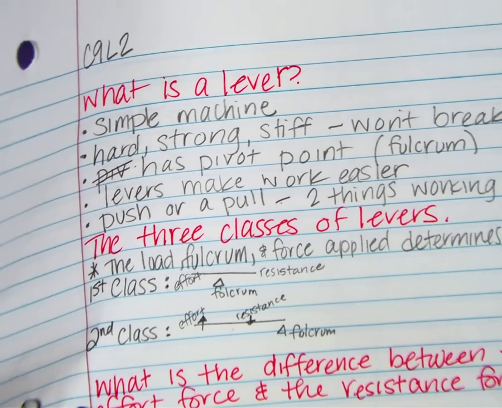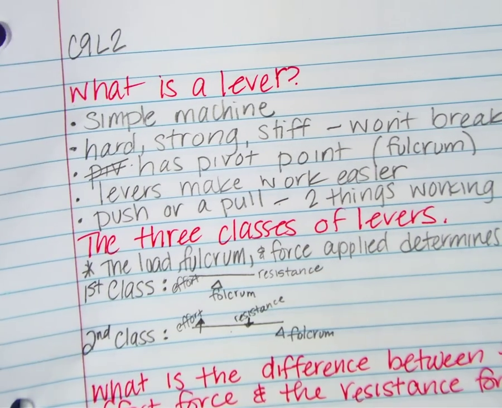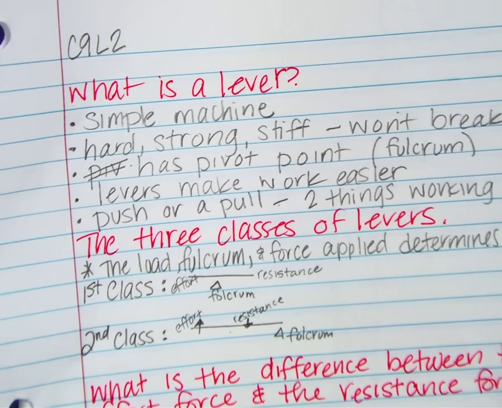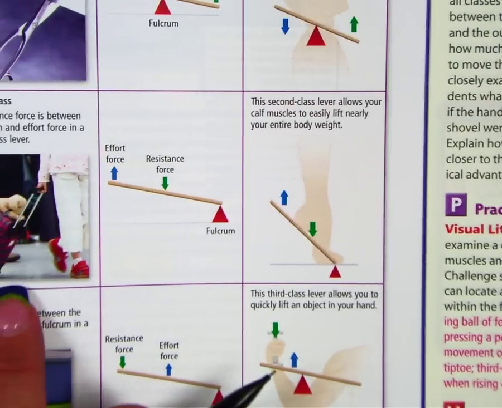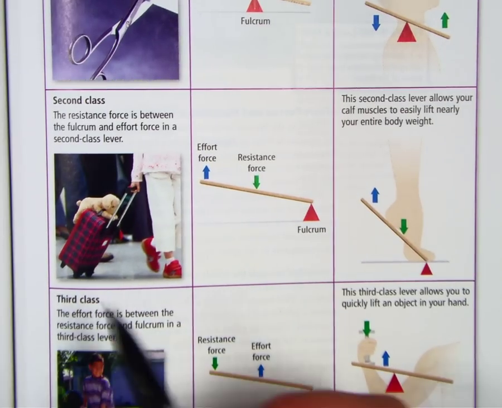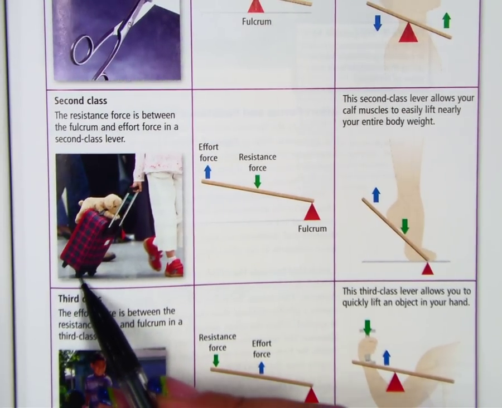And right in the middle would be the resistance, and the resistance is pushing down, okay? And so it's the location of the fulcrum and all of those other pieces that tell you what type of lever it is.